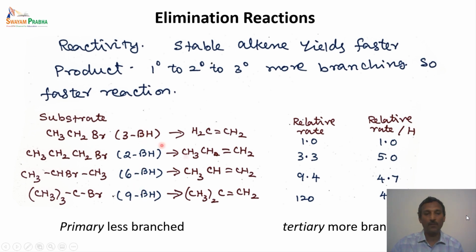of beta hydrogens. So if we compare the relative rate, the primary reacts very slow and the tertiary reacts at a much higher rate. And with respect to the number of beta hydrogens, if you look here also we have a very high number.